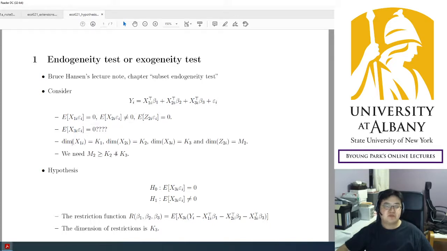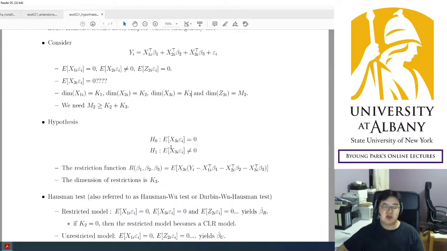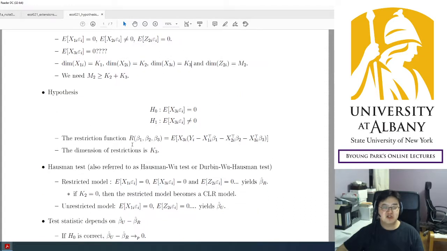So m2, the dimension of z2, must be greater than k2 plus k3, so that we can identify the regression without assuming x3's exogeneity. Even if it is not exogenous, you can still identify beta. And the null hypothesis is stated this way, and the restriction function can be written as this.